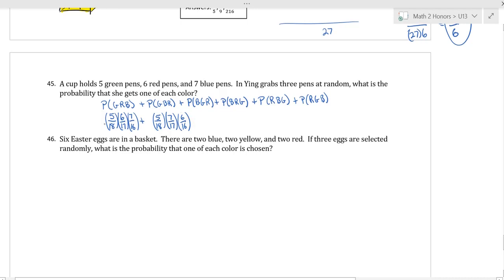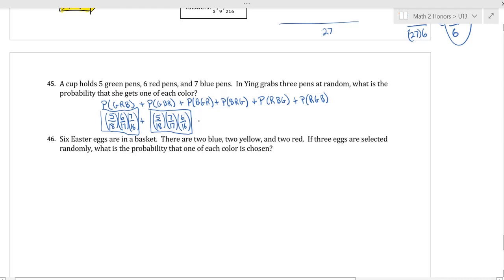Now notice the probability for green, red, blue. If I were to multiply that together, I get the same thing as if I multiply the green, blue, red together, because the numerators will be the same. You got 5 times 7 times 6, or 5 times 6 times 7, same thing. And the denominator is the same, 18 times 17 times 16.